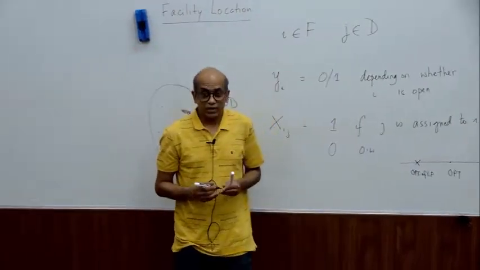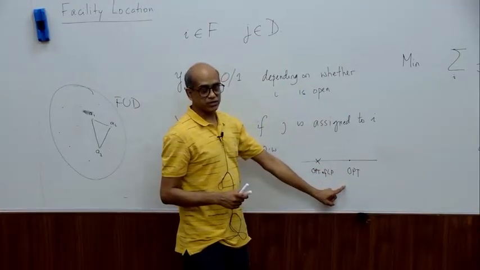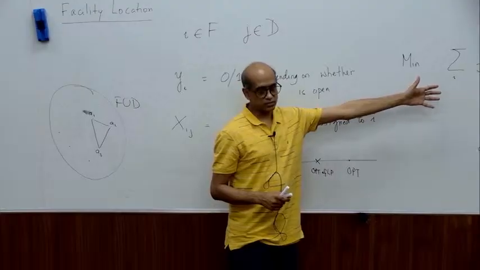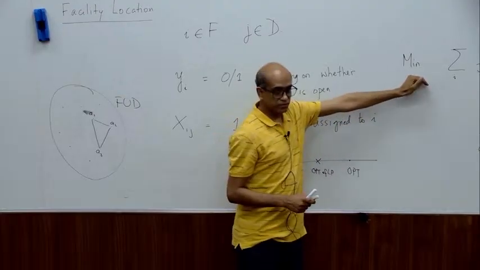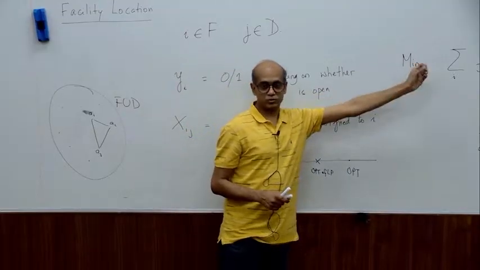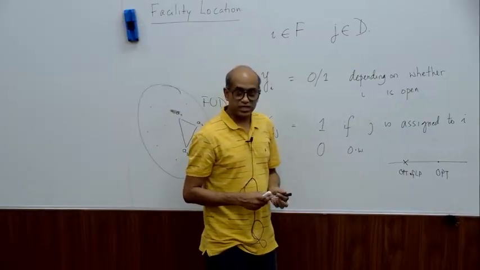Why? Because it's minimizing something, and if you give me any integer solution, I can plug it in here, with the yi's and xij's as 0 or 1, and this quantity will be exactly the original value. But I am minimizing and allowing my variables to be fractions also. And what is the idea of rounding?